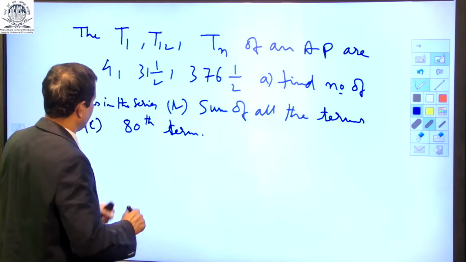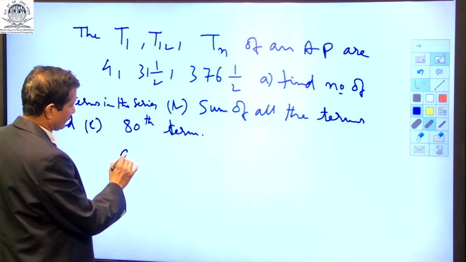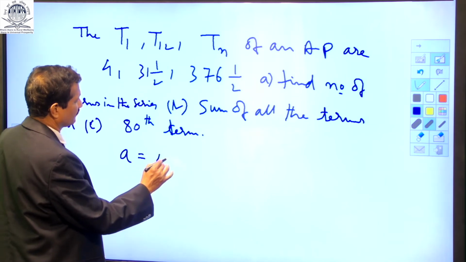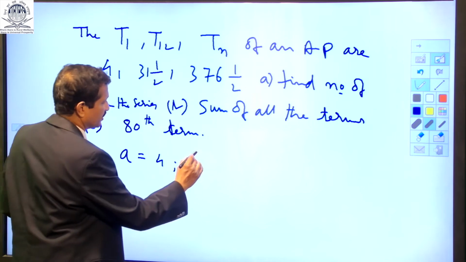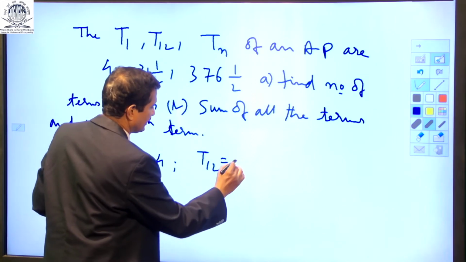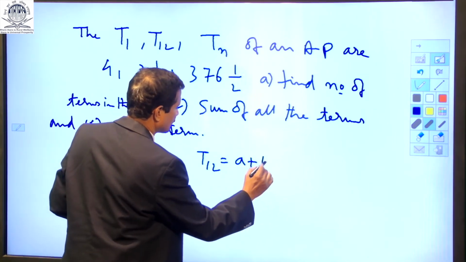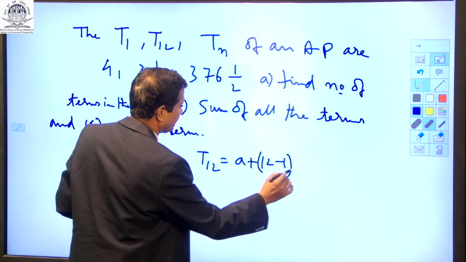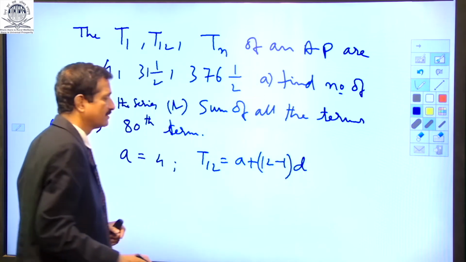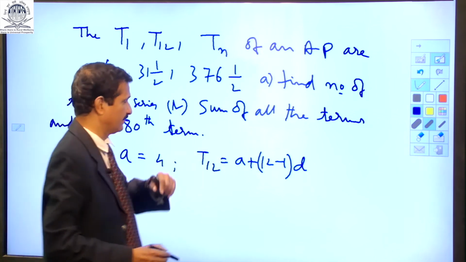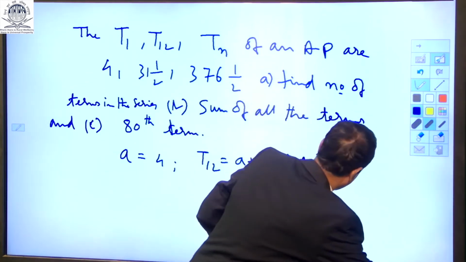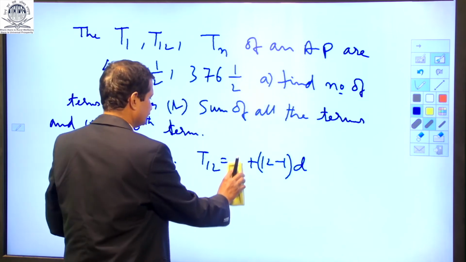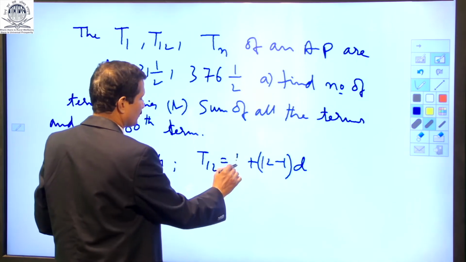Now let us do the problem now. We are given that A is 4, T12 which is A plus 12 minus 1 into D, where D is the common difference. So now here A is known to us, which comes to 4.